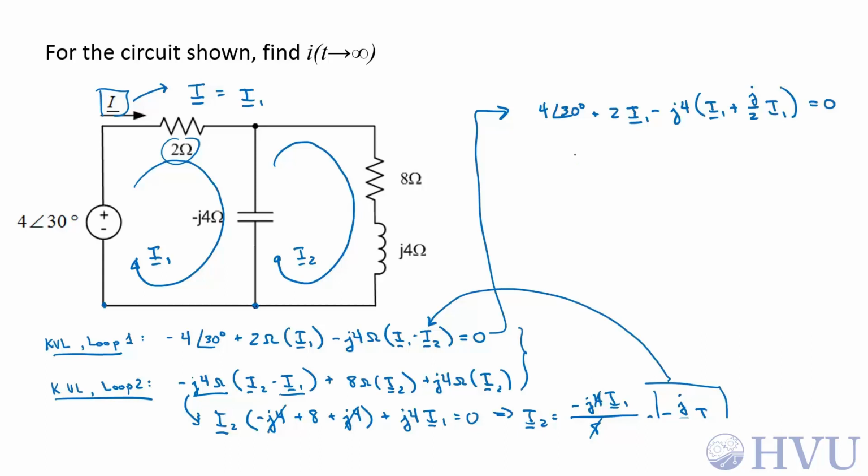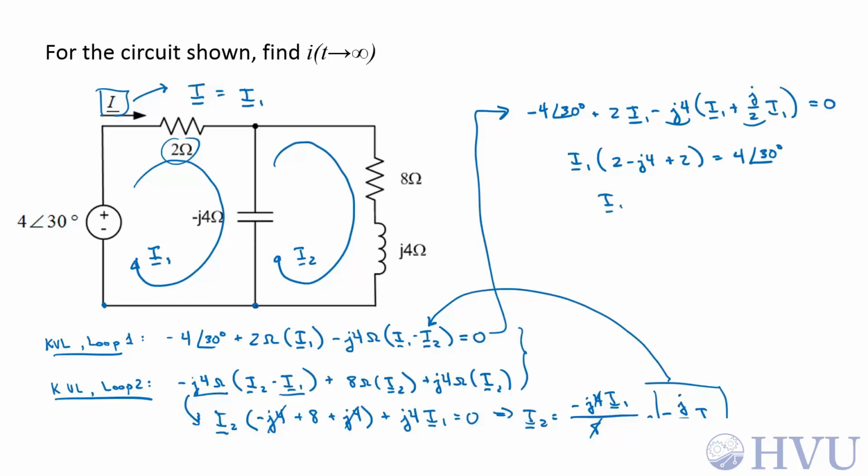So grouping my I1 terms, I1 times 2 minus j4, so minus j4 times j over 2, j times j is going to be minus 1, minus 1 is 1/2, so this is going to be 4 over 2, so that's 2, is equal to, and I forgot a negative sign up here, 4 angle 30 degrees.